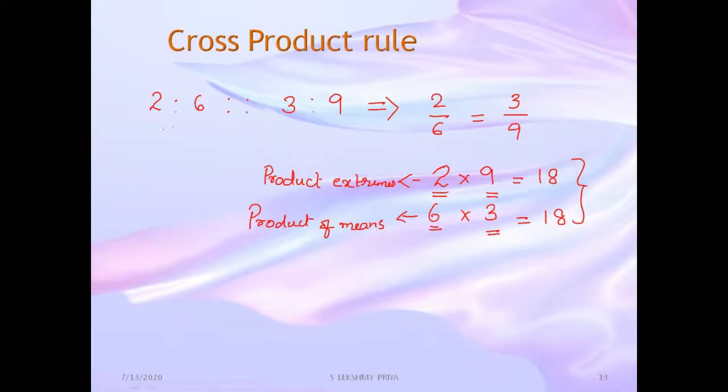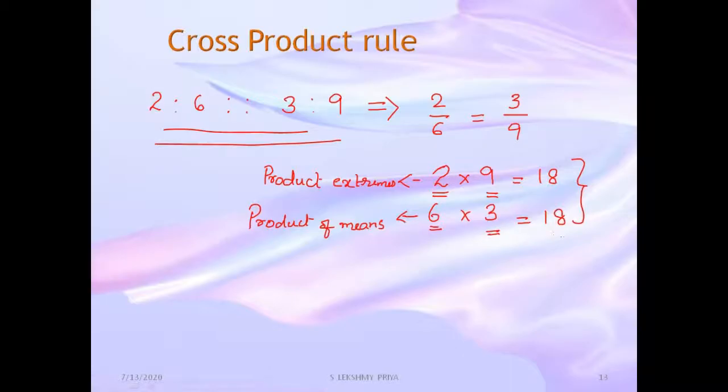And when we consider the same thing as a proportional statement, here we find the product of extremes. The product of extremes are 2 times 9. It is 18. The product of means, the middle term, 6 times 3. It is equal to 18.